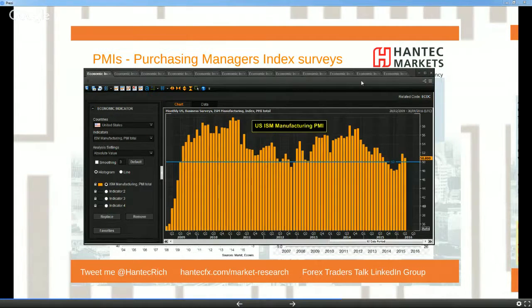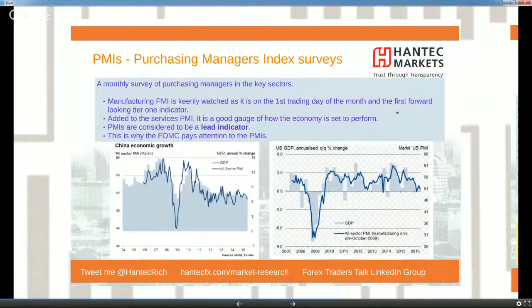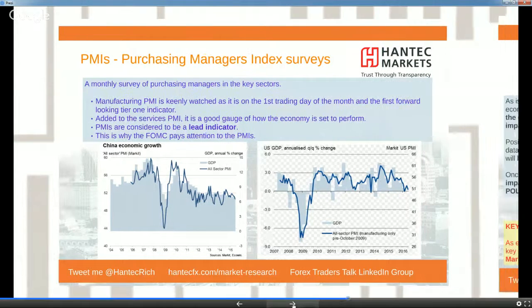So the PMIs are not all that great for the forward-looking outlook for the US economy. But despite that, the Fed is seemingly perfectly happy to push towards hiking interest rates.